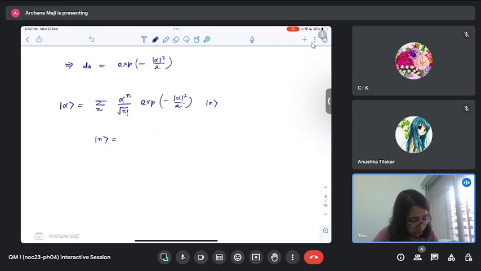So n particle state you can get from the vacuum state by acting with this creation operator n number of times.